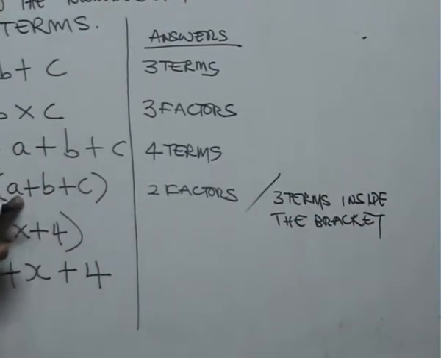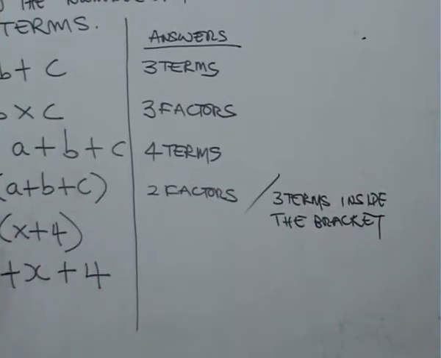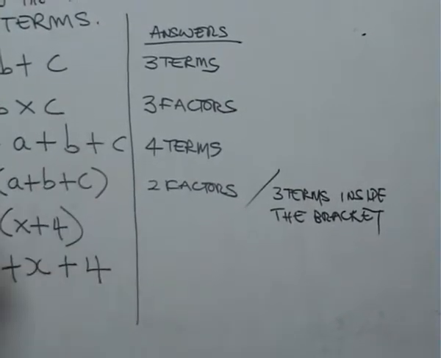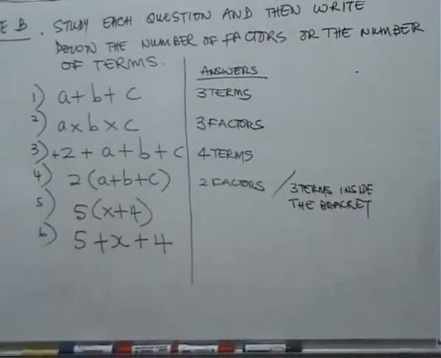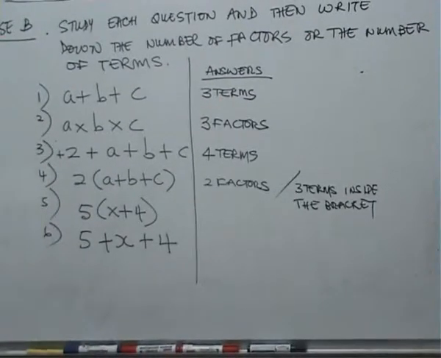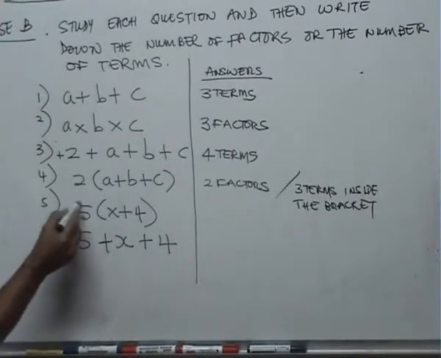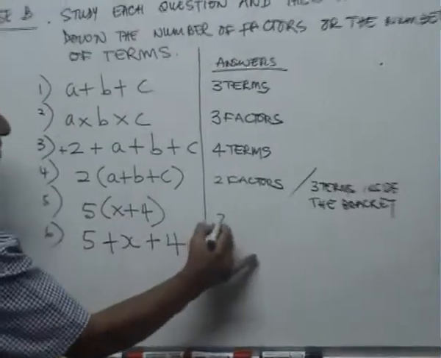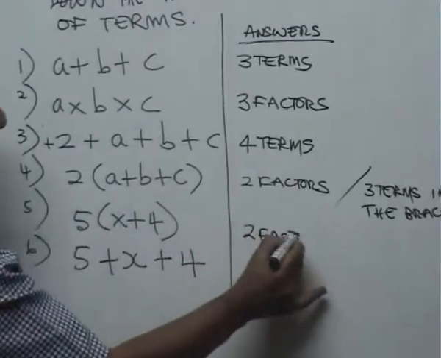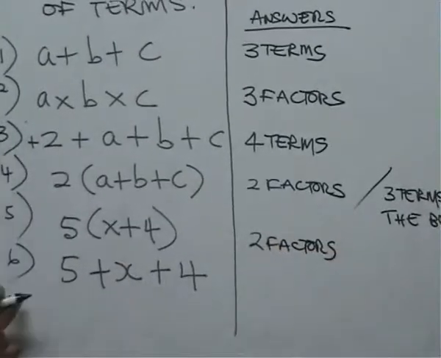Yes, it's true, there are 3 terms inside the bracket. But when you look at the whole question, there are only 2 factors, because this whole bracket is considered as one factor. Number 5. 5 is one factor and the bracket is another factor, so the answer is 2 factors.